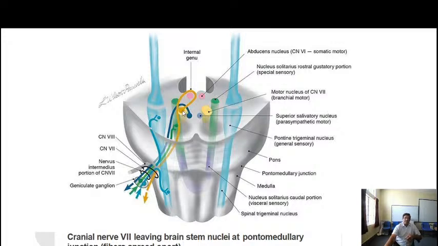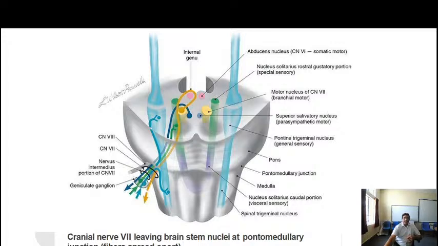Nucleus of the seventh, the motor nucleus, is the one which is represented in the yellow, and this motor nucleus goes backwards and then encircles the pink one, which is the sixth cranial nerve, abducens, and as it passes around the sixth cranial nerve, it produces a small elevation in the floor of the fourth ventricle.